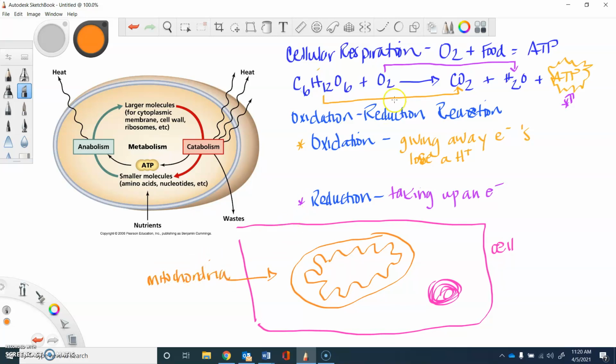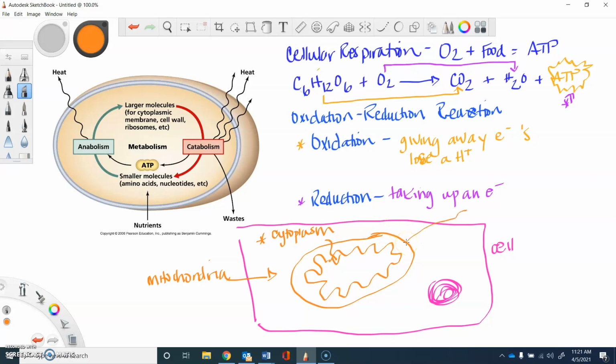The oxidation of glucose starts in the cytoplasm. But most of the ATP that we generate through cellular respiration occurs in the mitochondria. So don't forget the basic anatomy of the mitochondria.